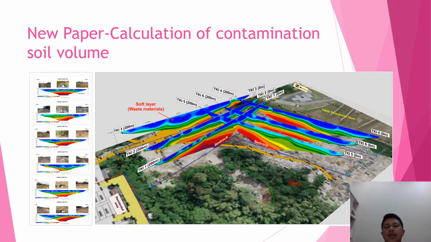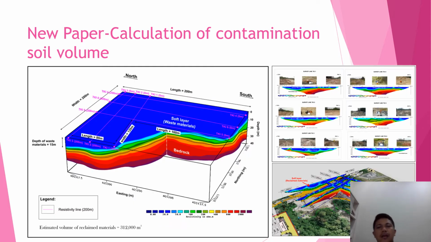So we try to produce the fence diagram to try to calculate the volume of the contaminated soil layer, and then later based on the single 2D results we have 6 lines, and then we produce the fence diagram. So at the end we try to establish a 3D model.